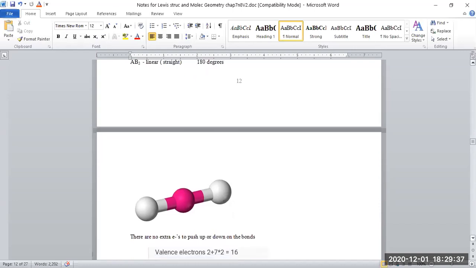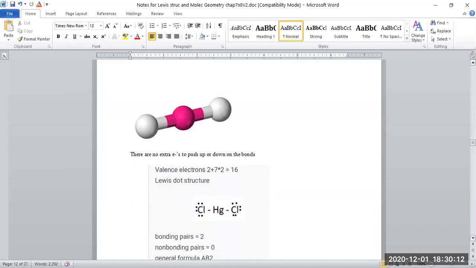If you look at my wonderful pink and white picture here, you see that it has 180 degrees between the left leg and the right leg. Part of the reason that it spreads out into a completely straight line is I have no lone pairs on my center atom. There is nothing to exert additional force on those 2 legs.